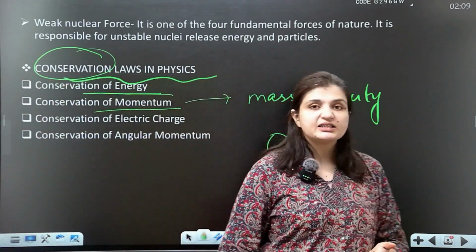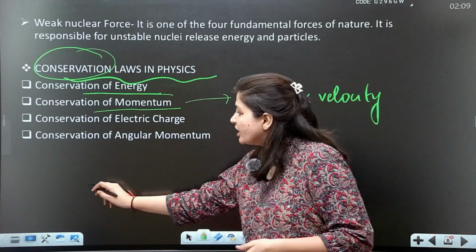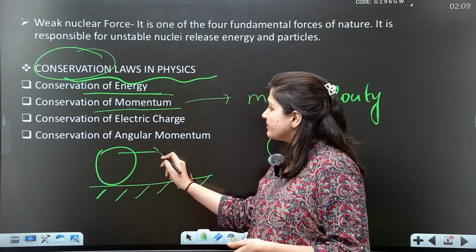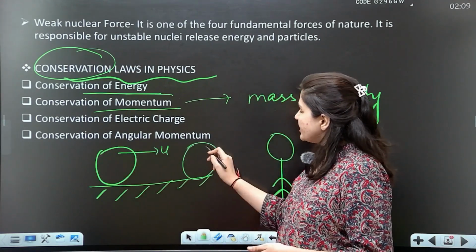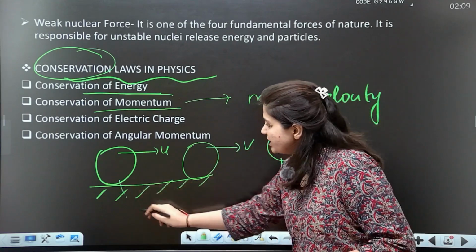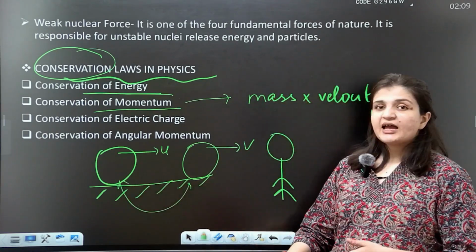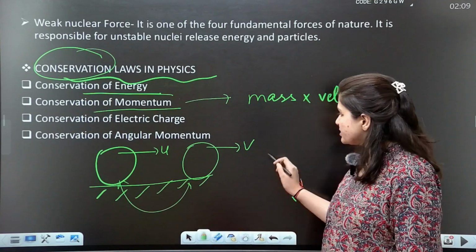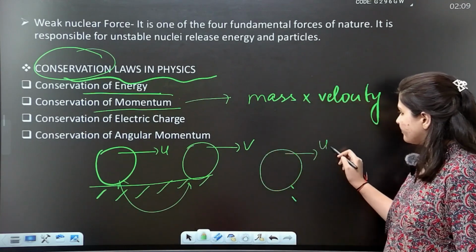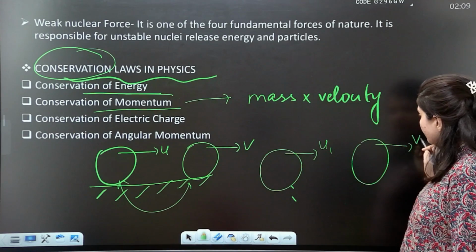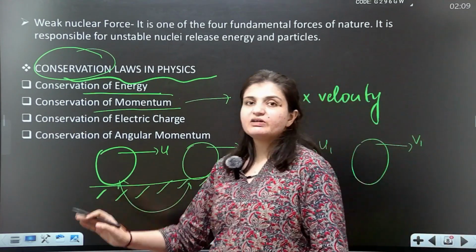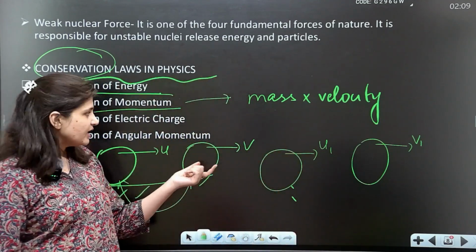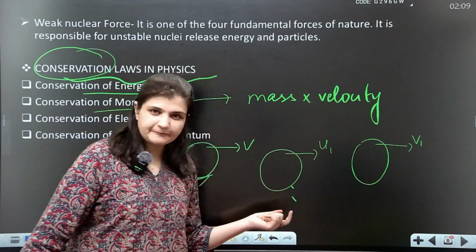Take two objects on a table, one going with velocity u and the other with velocity v. These two objects collide, and after the collision their velocities become u1 and v1. But the total energy remains constant.